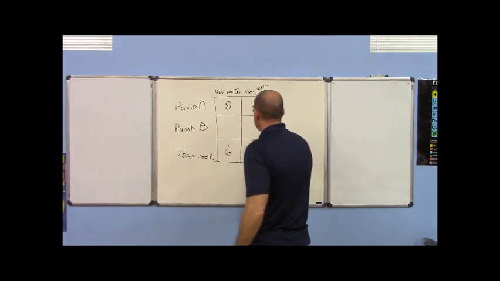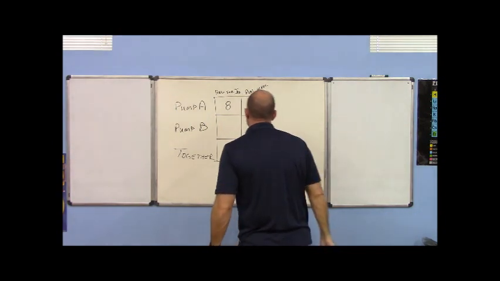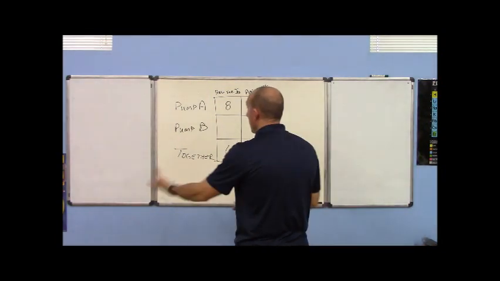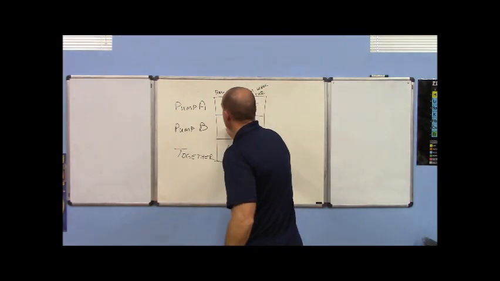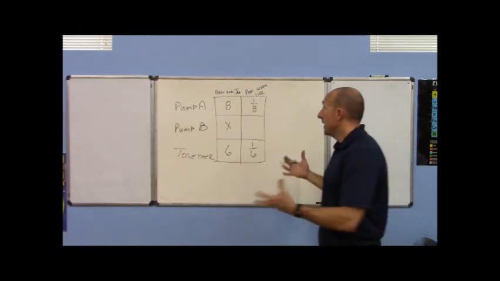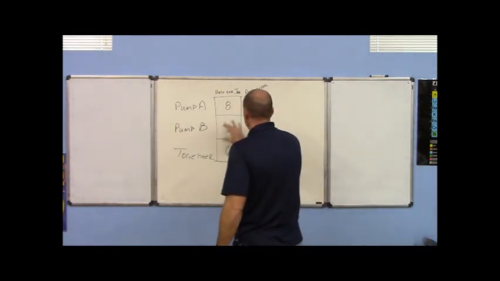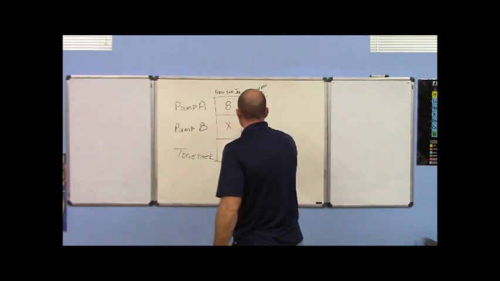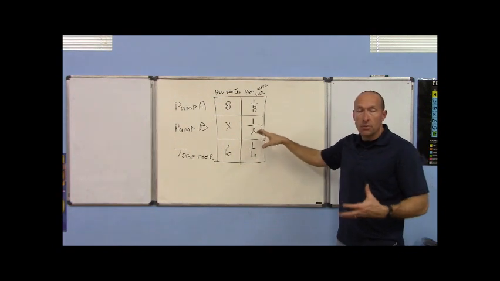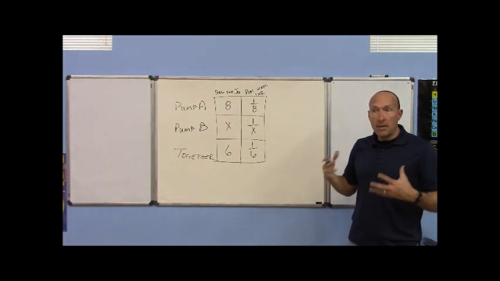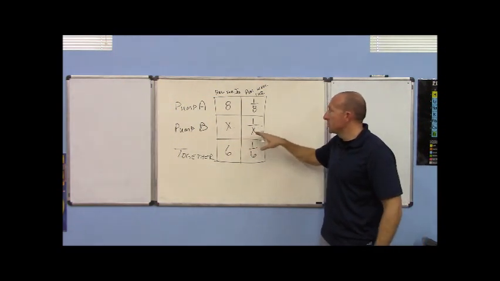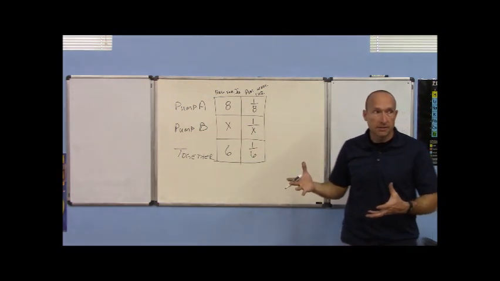Together, they can get 1/6 of the job done in 1 hour. Now, we don't know what pump B is for the entire job. That's what we're trying to figure out. Now, that means that whenever we do find that out, we will know that it does a currently unknown fraction amount within 1 hour. Okay, we can still apply the same concept, it's just we don't know what that is just yet.